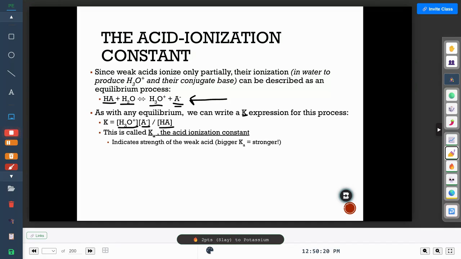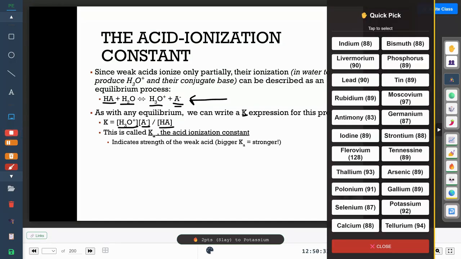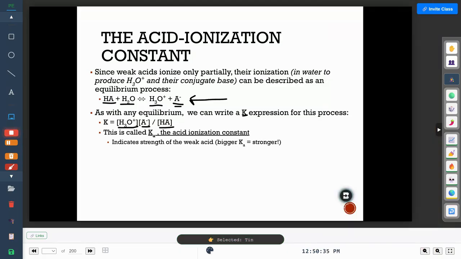Now we do not have H2O here. Why do we not have H2O here? Hands if you've got it. Why do we not have H2O? Okay, excellent. That's right. It's because it's a liquid, okay? We don't include liquids or solids when we do K expressions, right?